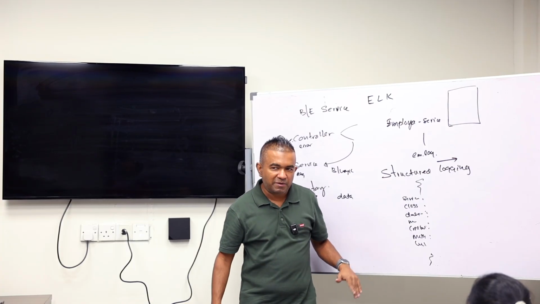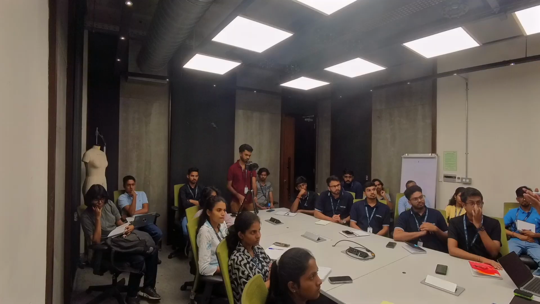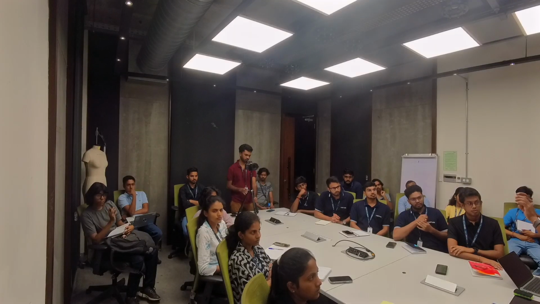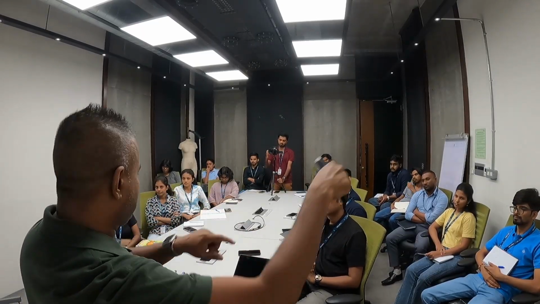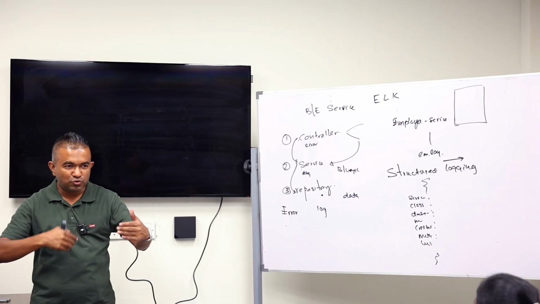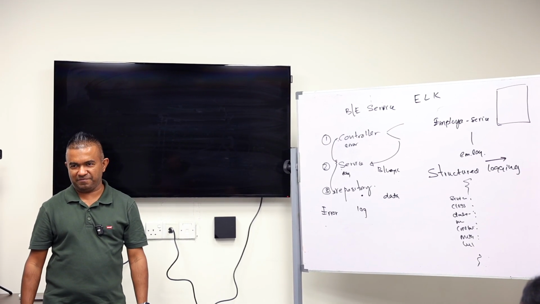Now, when you want to see the logs, you don't have to open the file, right? You say select asterisk from logs where service name equals employee service and level is error. So you can query the logs without opening the file.